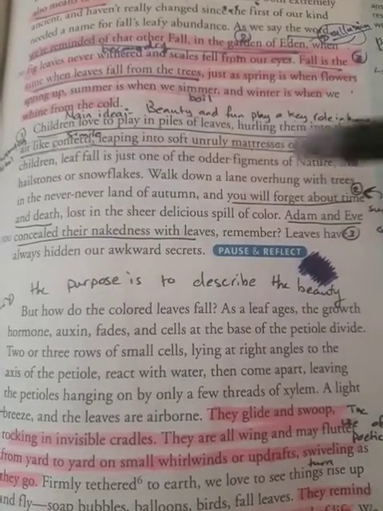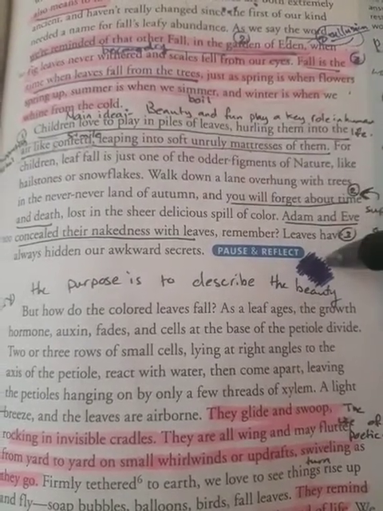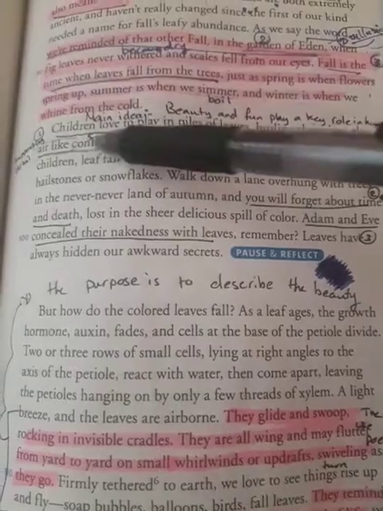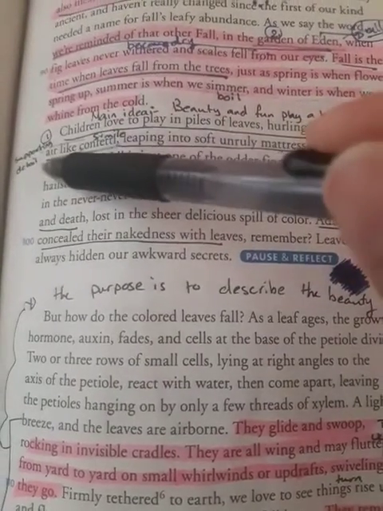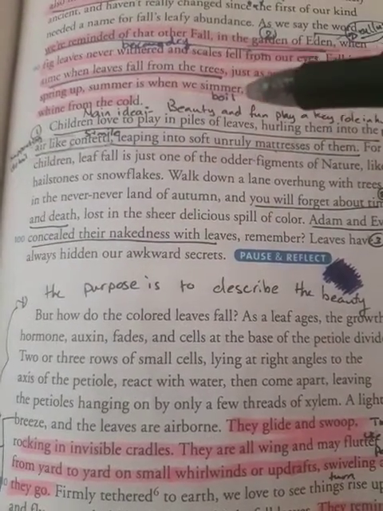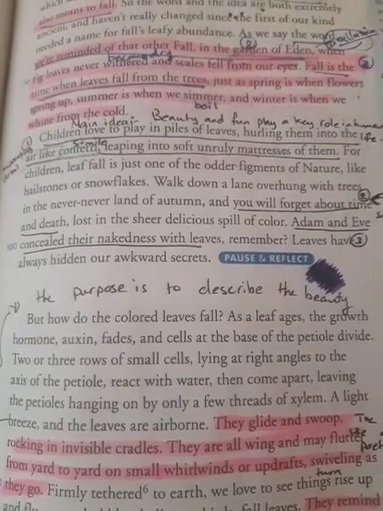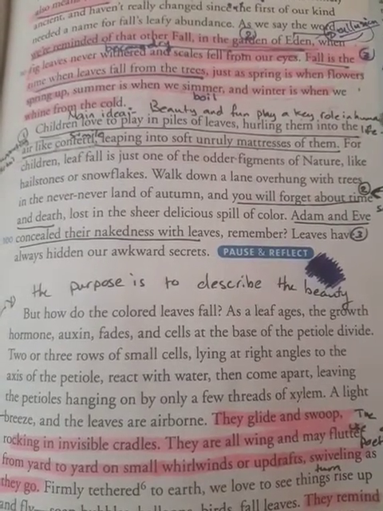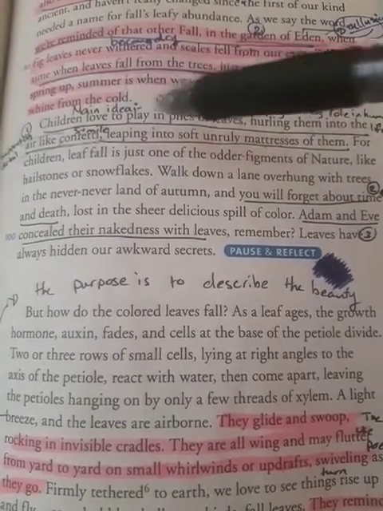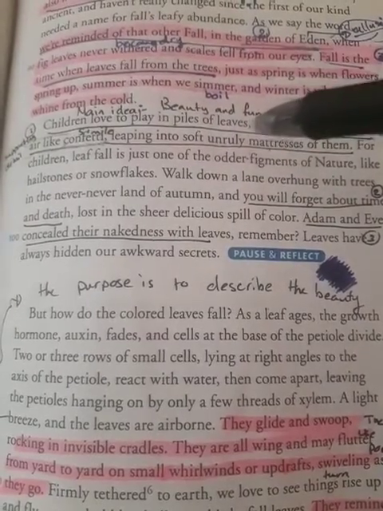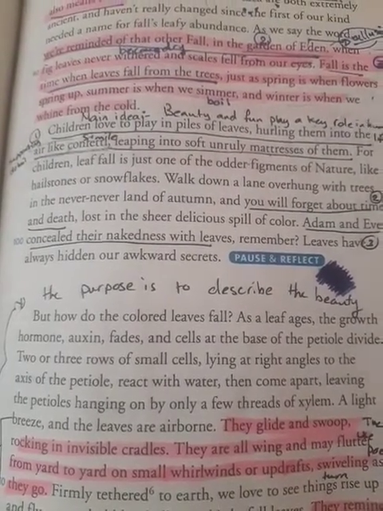Now, one, two, three. These three points are the supporting details. So the first supporting detail, write supporting detail. Children love to play in piles of leaves, hurling them into the air like confetti, leaping into soft, unruly mattresses of them.